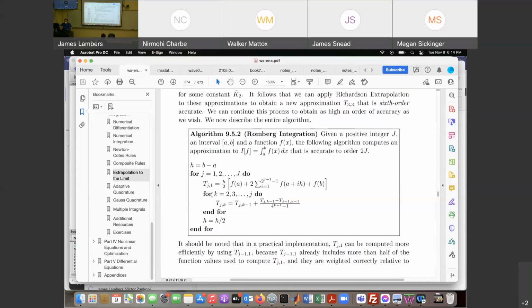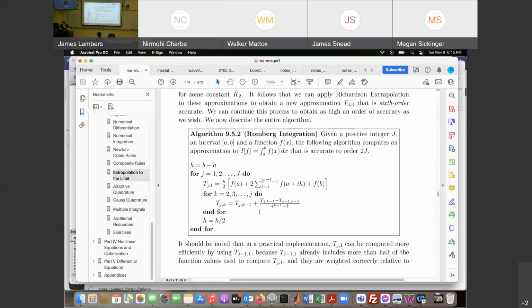And then in later columns, second column, third column, and so forth, you know what? I think there's a typo here. Well, let me check. Oh, no, that's correct. Never mind. Okay. Here's where extrapolation is carried out.